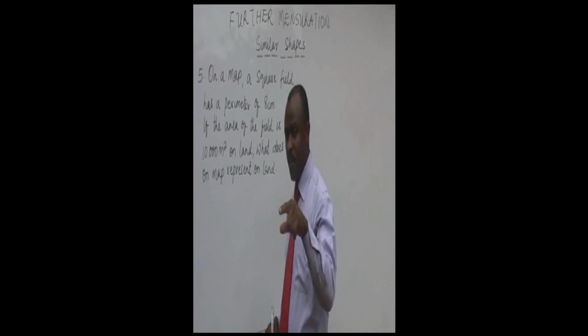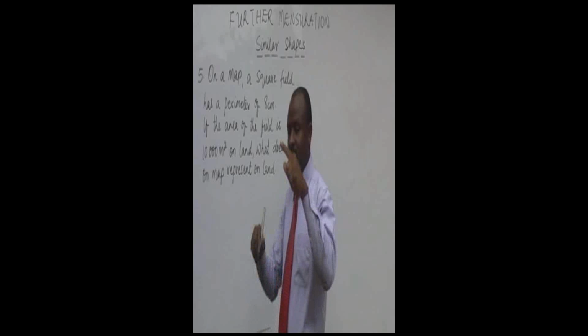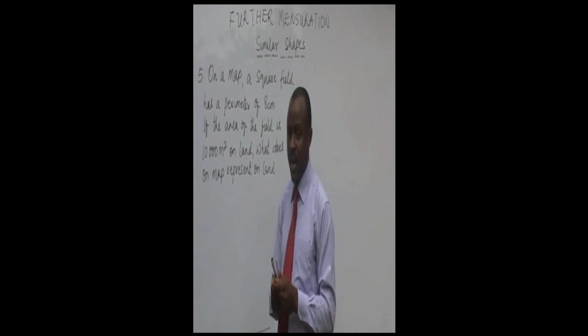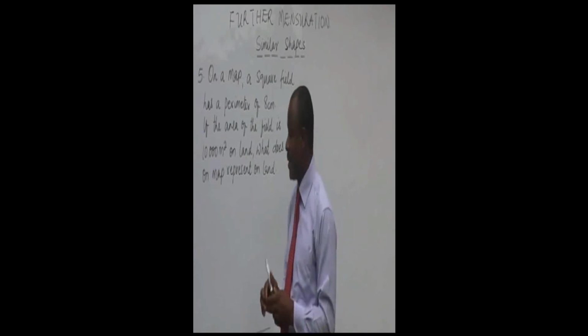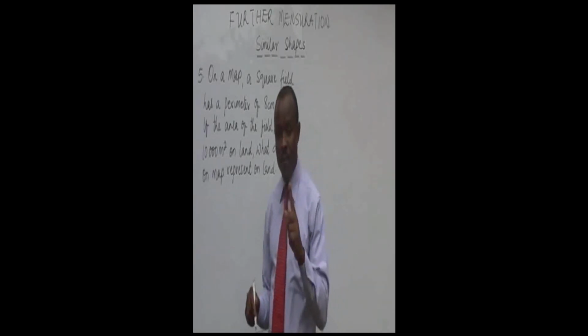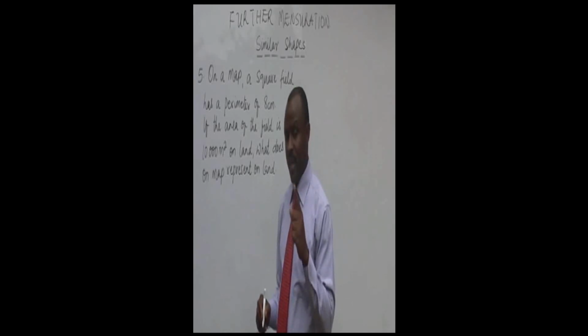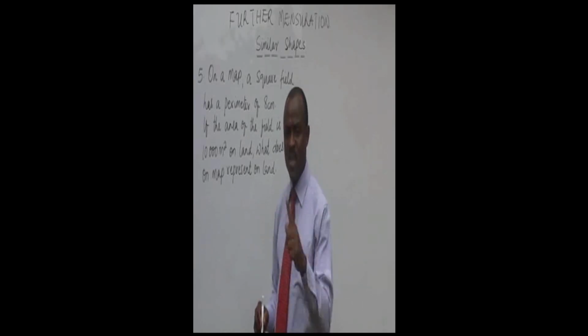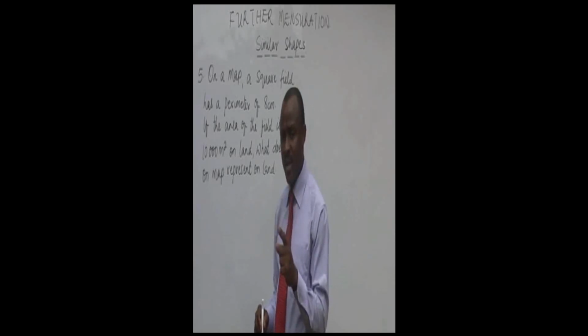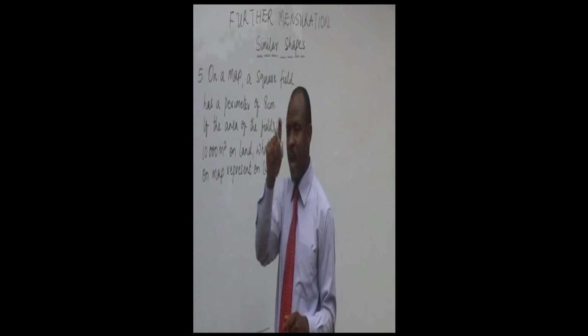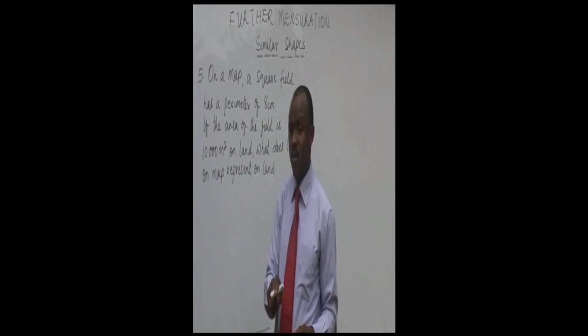Inside the map, the square has its perimeter measuring 8 centimeters. If the perimeter of a square is 8 centimeters, one side of the square will be 8 divided by 4, because perimeter is the distance around the square.